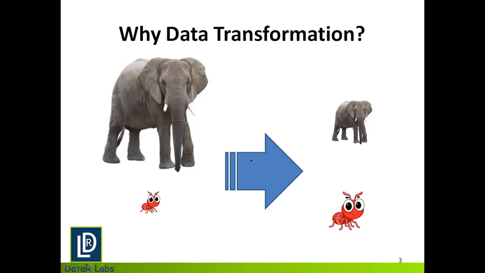It doesn't want to give undue advantage to one or two features just because of the high magnitude of values. And that is why, before feeding these features or data into model building, we make sure that all these features are at the same scale.